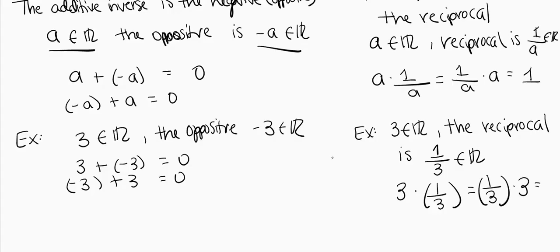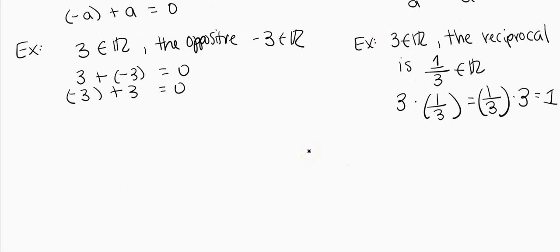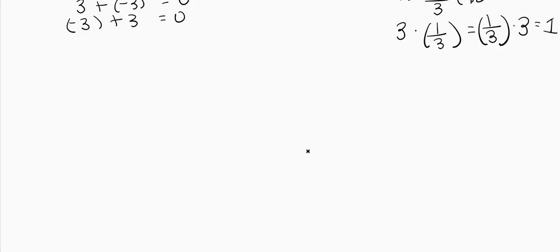When we multiply this value and its reciprocal, we get the multiplicative identity, which is 1. So this is how it works for inverse property. An inverse and identity property kind of go hand in hand.